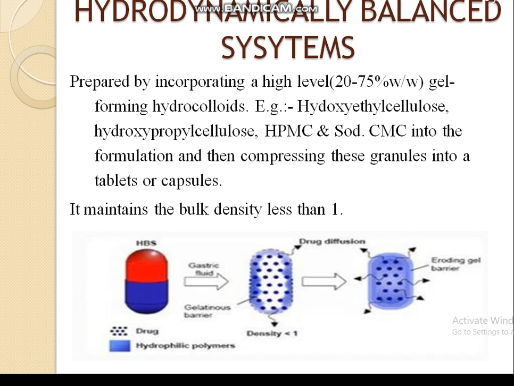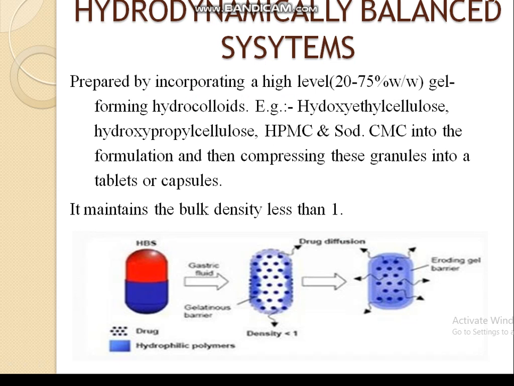Now, another approach is the gastrodynamically balanced system. It is prepared by incorporating a high level of gel forming hydrocolloids, in the percentage of 20 to 75% weight by weight, and various polymers can be used, for example HPMC, sodium CMC, that is carboxymethyl cellulose, hydroxyethyl cellulose, hydroxypropyl cellulose.